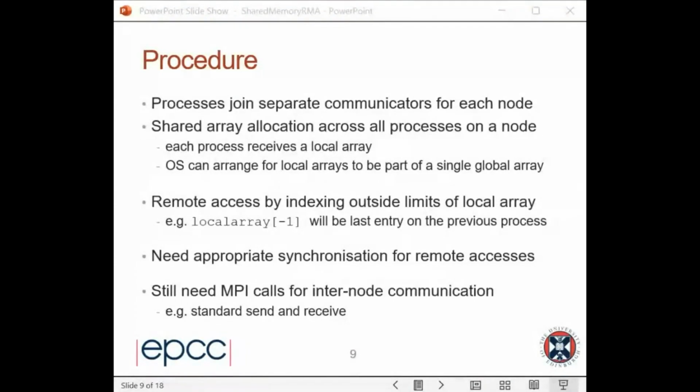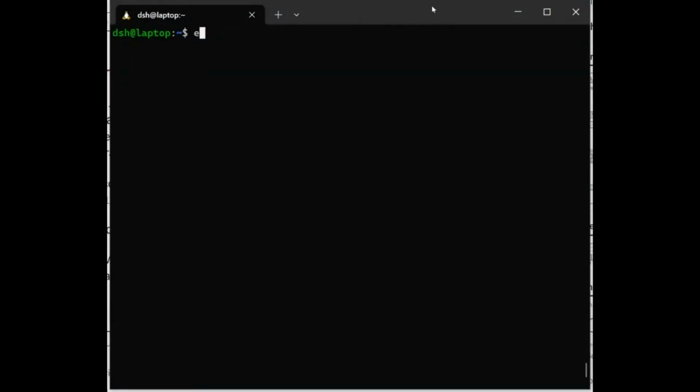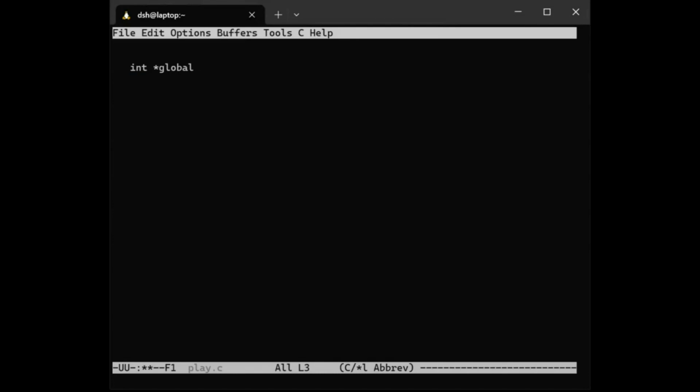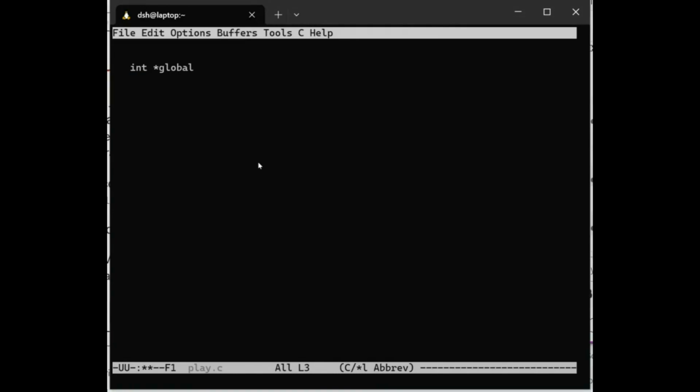Let's share a different window. This is not going to work in this. So can you see? Yeah. So you're doing something like int star global array, star local array.